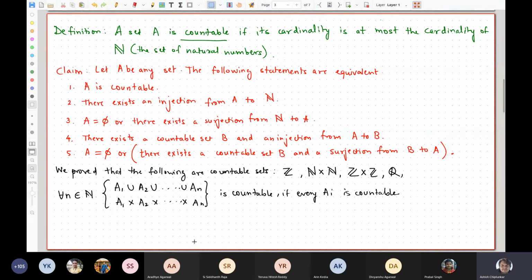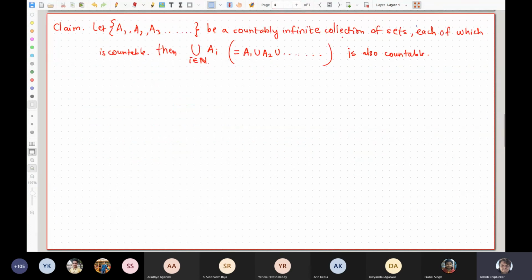Fine. So the theorem we stated last time was the following. Let A1, A2, A3 and so on be a countably infinite collection of sets. What we are trying to prove is that if you have a countable collection of sets and each of the sets is countable, then their union is also countable. When you say a collection is countable, either the number of sets is finite, or the collection itself is countably infinite.